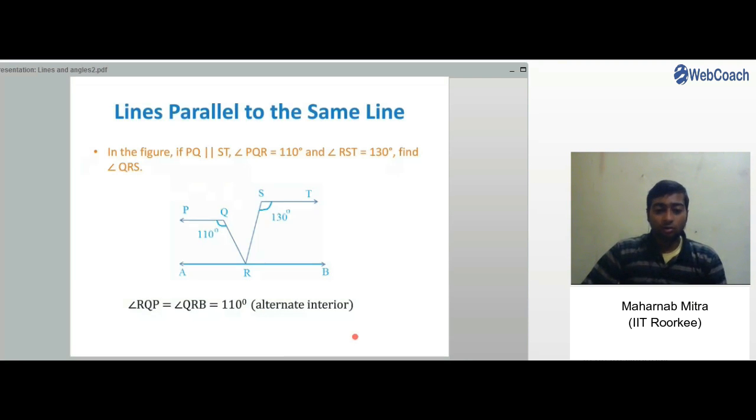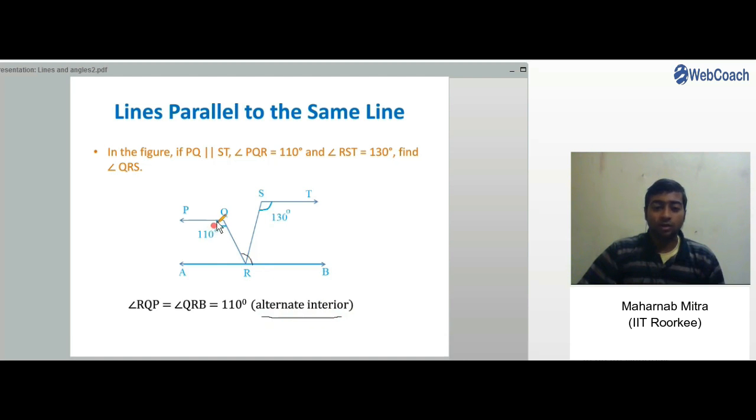So what you can do is, angle RQP is 110 degrees, which is equal to angle QRB. And why is it so? Because they are alternate interior angles.